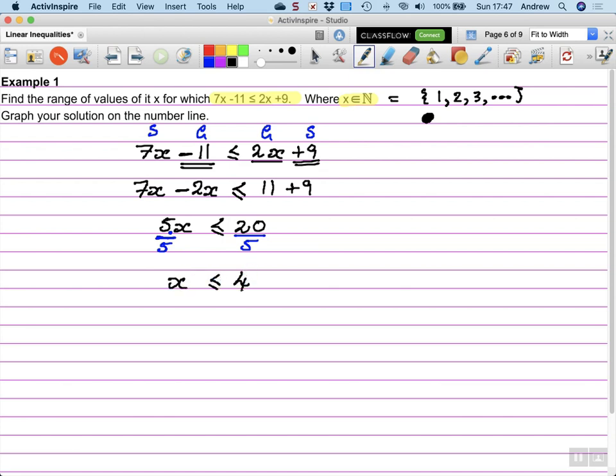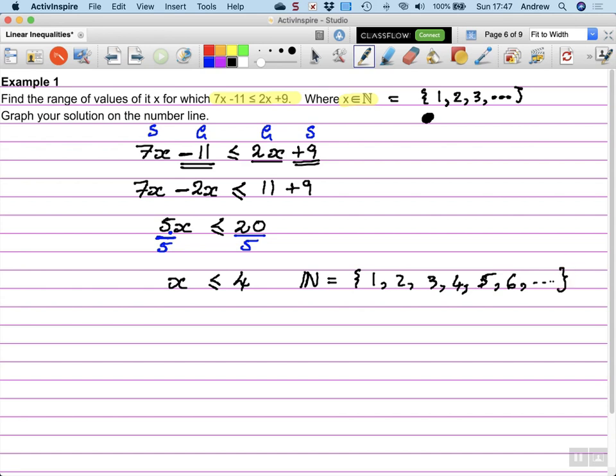Now, once again, it's the natural numbers. So the natural numbers, to remind you, is 1, 2, 3, 4, 5, 6, dot, dot, dot, going on forever.